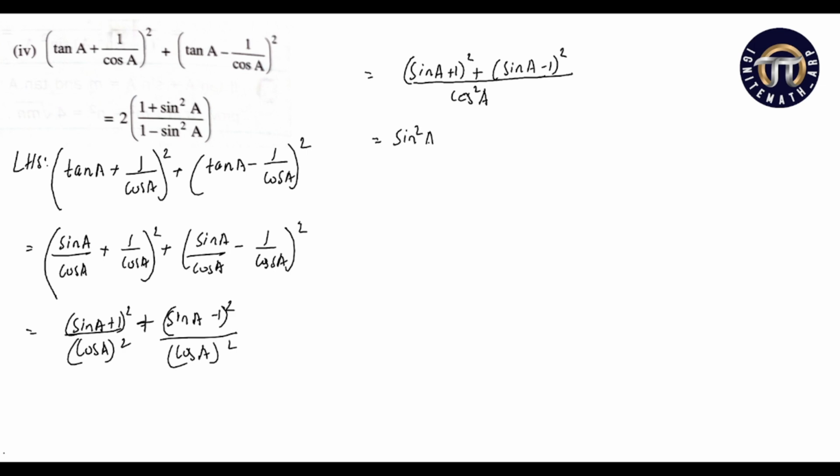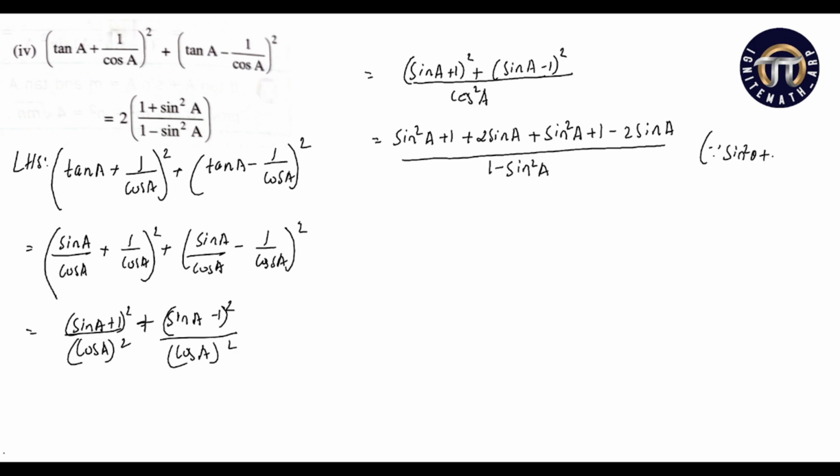So sin square a plus 1 plus 2 sin a, then plus sin square a plus 1 minus 2 sin a, divided by, I'm going to keep this cos square a as 1 minus sin square a. You can write the reason here: sin square theta plus cos square theta is equal to 1.